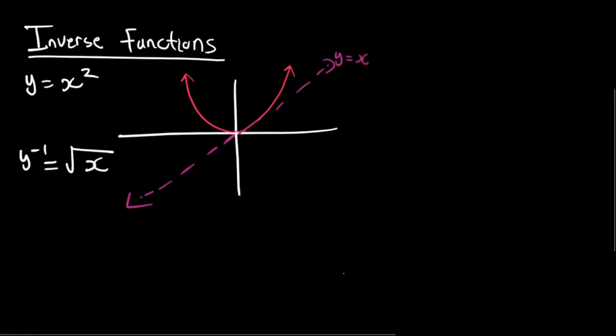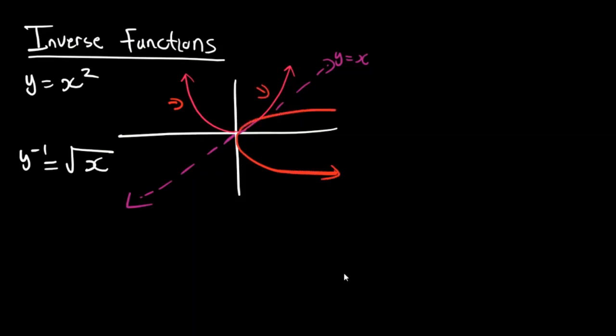And then to draw the inverse, you'll get the reflection of this one, which is this line here, and then the reflection of this side of the parabola is going to be this one. So now this will be your inverse function.